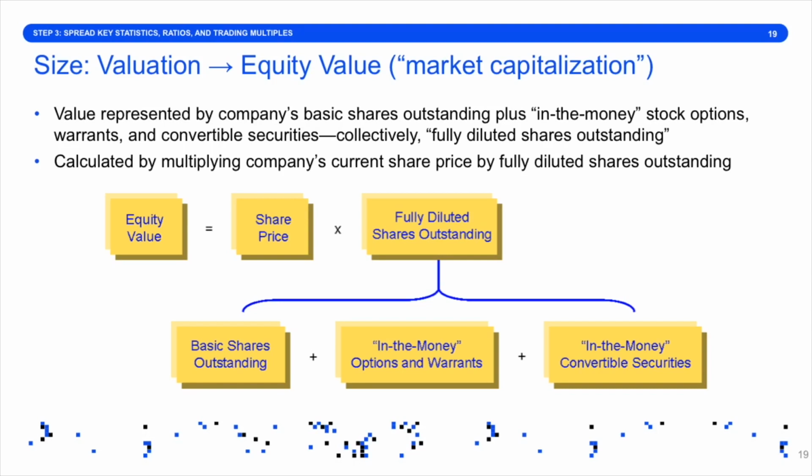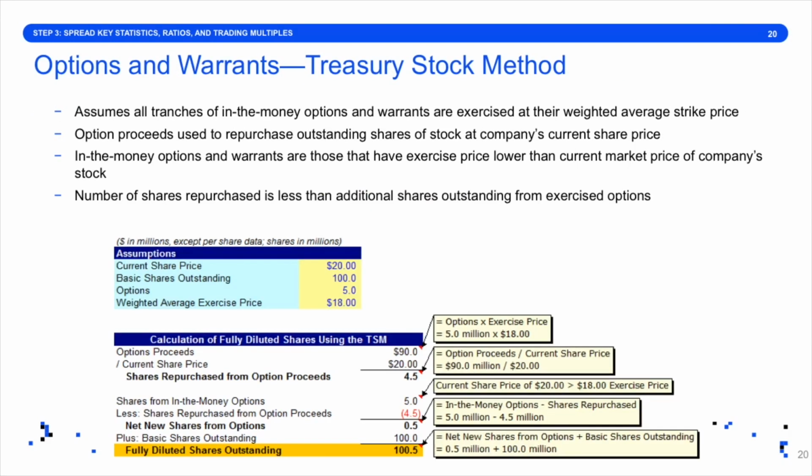So, let's see an example. Let's focus on the options now. Let's assume that a company has, here all the numbers are in millions, okay?